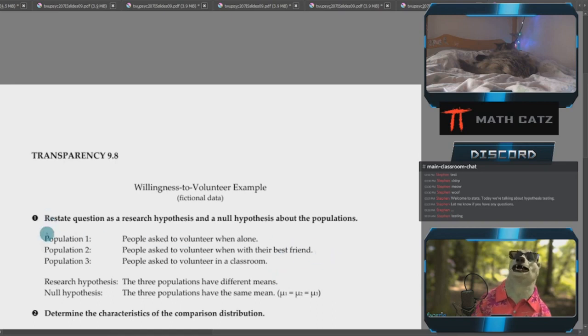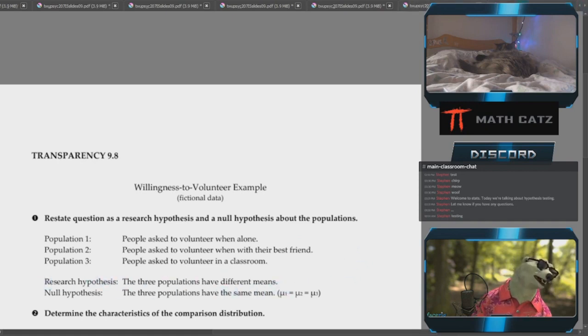These are the 3 populations, and we have a group of the same size for each. Our null hypothesis is that the willingness to volunteer rating is all the same, and who they're with doesn't affect it. The research hypothesis is that it does.